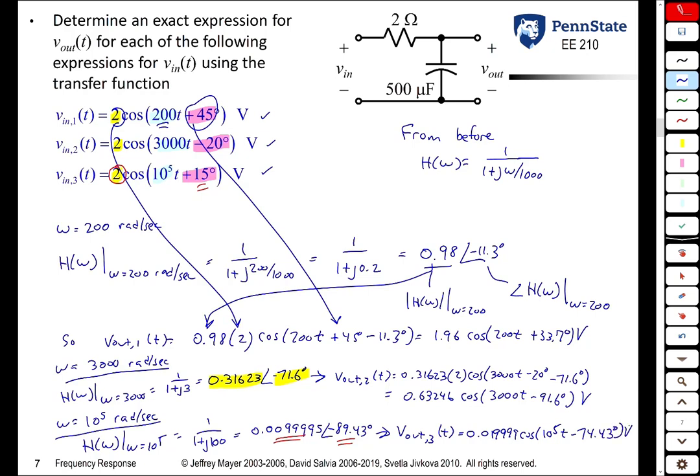So what we see here is by using this general transfer function, we can now calculate the output for a whole bunch of different inputs rather than starting from scratch each time.